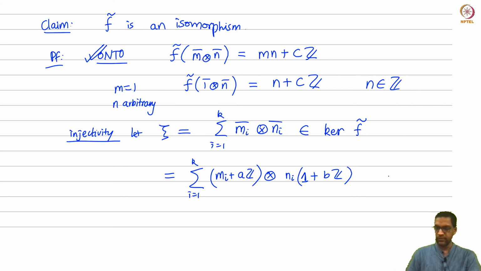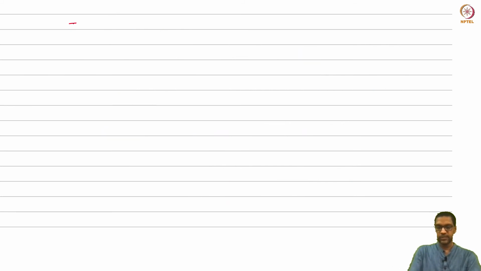And now again we use the bilinearity of this tensor product symbol, meaning the bilinearity of that map alpha, which defines the tensor product, which says that this scalar here can be pulled completely out of the tensor product, or equivalently you can push it into the other component. So I can move in some sense the ni from the second component to the first component. So let's do that. This is by bilinearity. Therefore, this is the same as summation ni multiplying mi plus az.